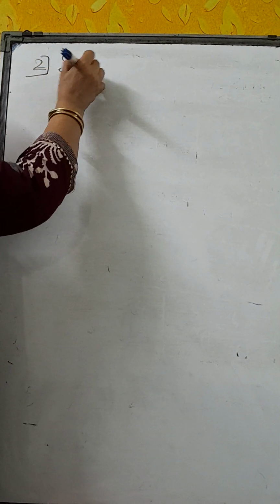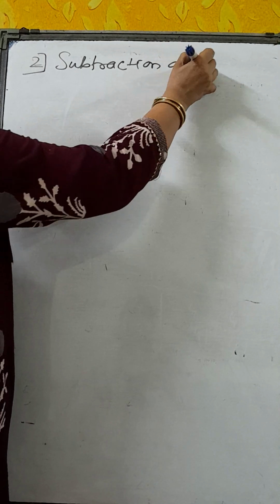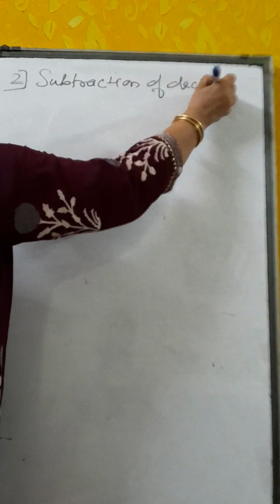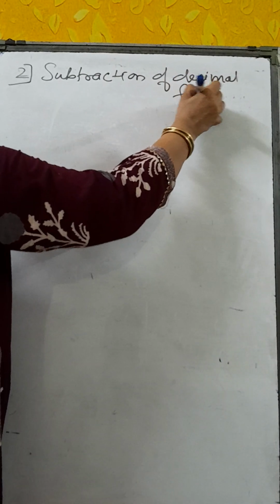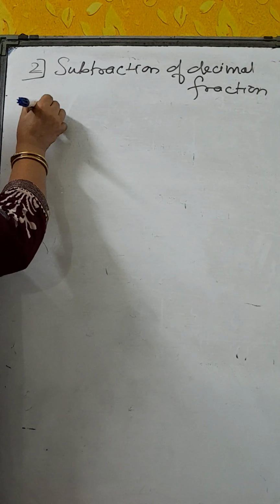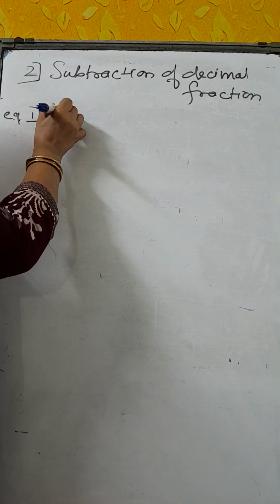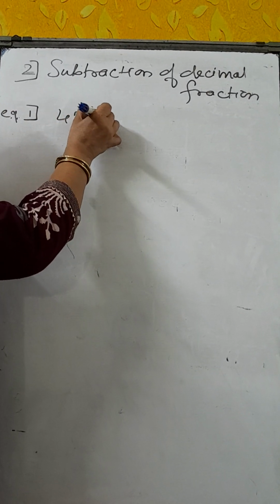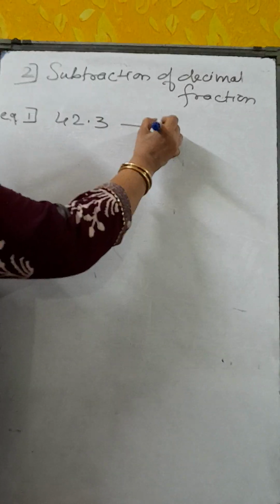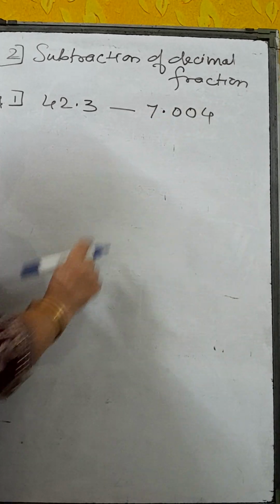Now the second operation on decimals is subtraction. Subtraction of decimal fractions. Remember, for example, 42.3 minus 7.004.